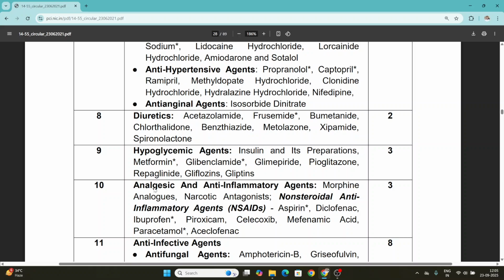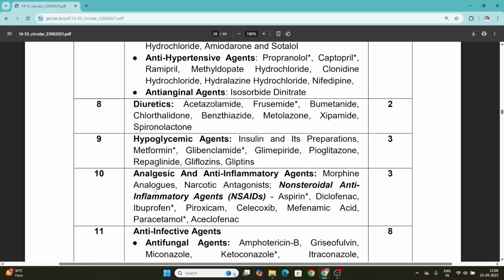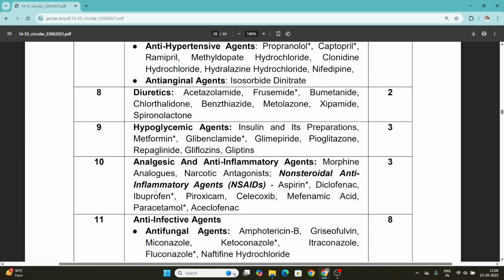Chapter 8: diuretics. Acetazolamide, furosemide, bumetanide, chlorthalidone, benzthiazide, metolazone, xipamide, spironolactone. 9.